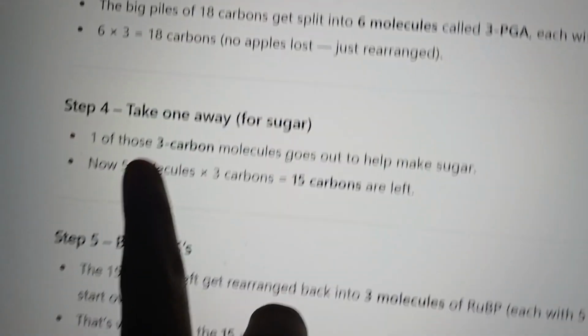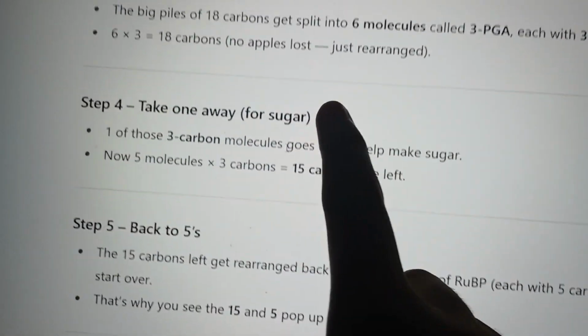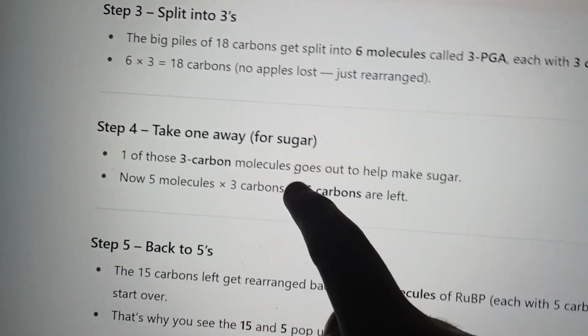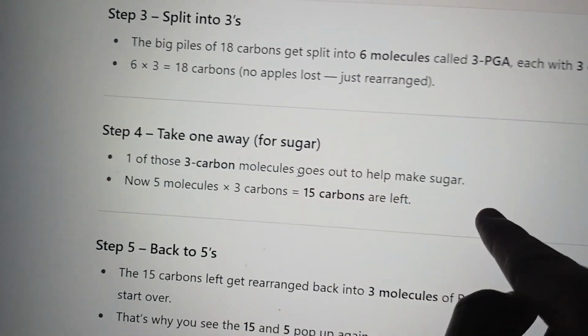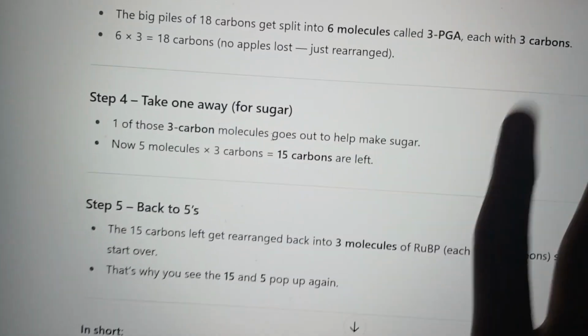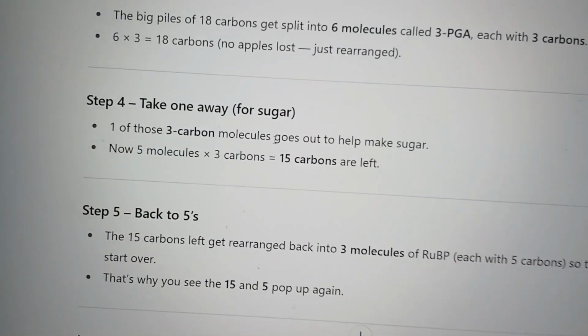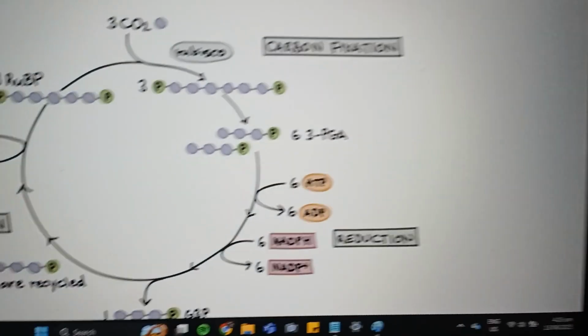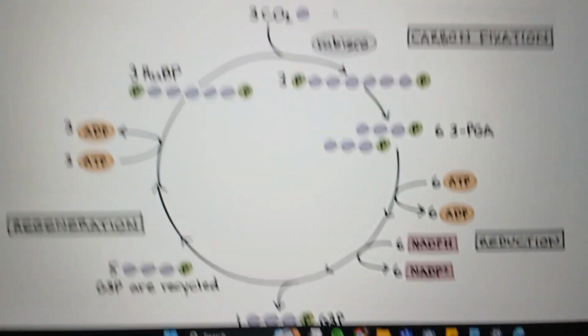Now in step 4, it says take 1 away for sugar. One of those 3-carbon molecules goes out to help make sugar. Now 5 molecules times 3 carbons equals 15 carbons left. Why is that? We're going to see in our image.